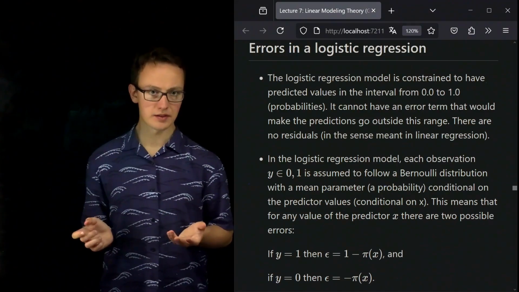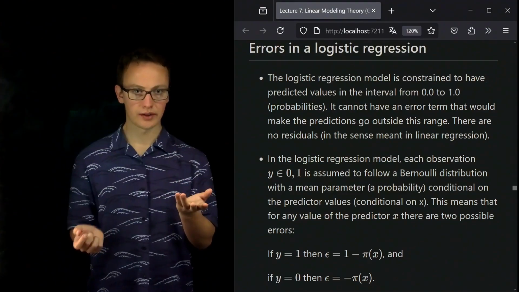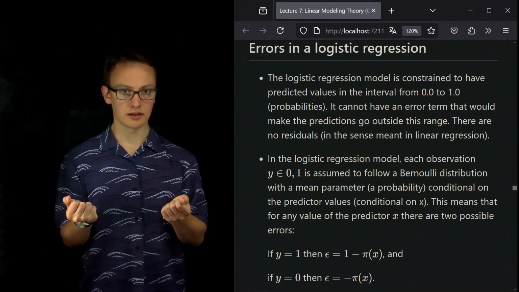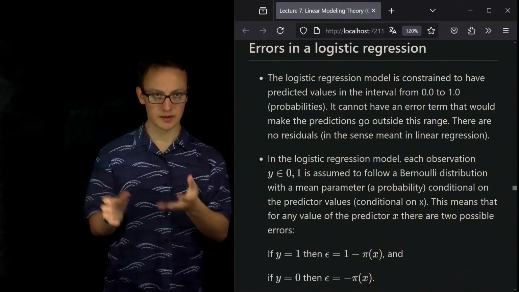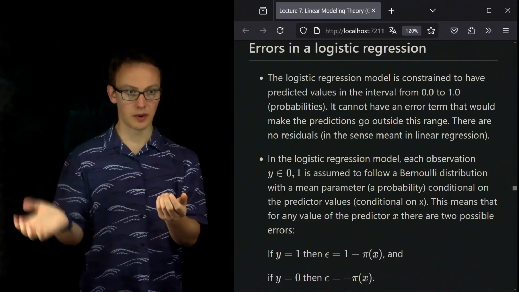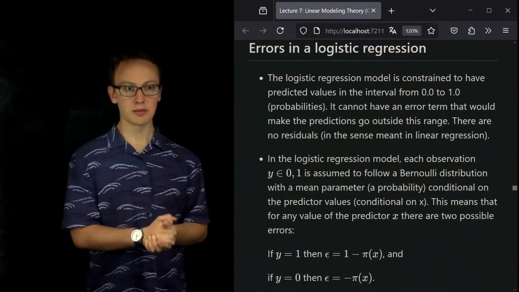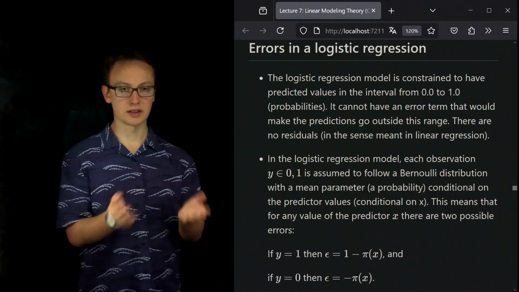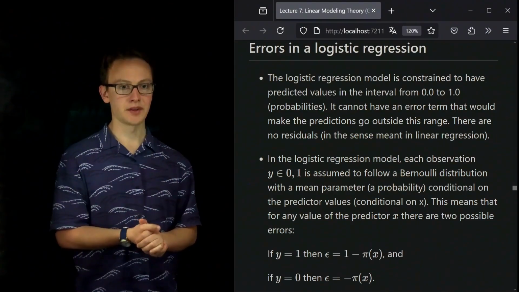So each observation, that would be a specific beetle either surviving or dying, 0 or 1. And what is assumed here is that those observations of either 0 or 1 follow a so-called Bernoulli distribution with a mean parameter, aka a probability, conditional on the predictor values that we have for dose, for example, or for the intercept.